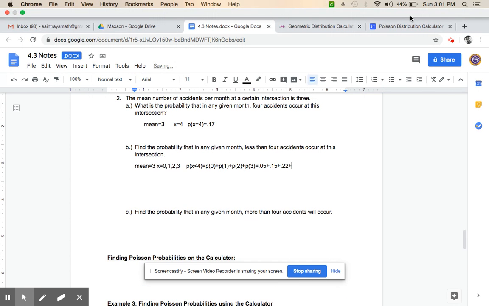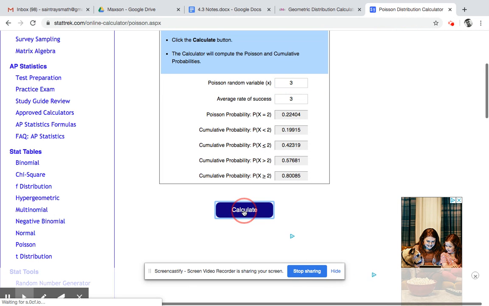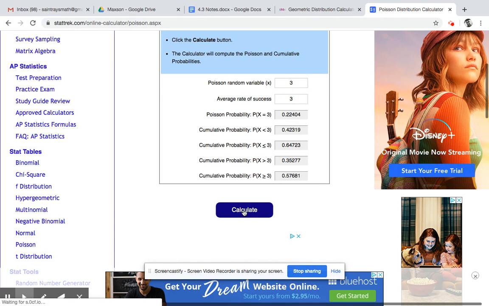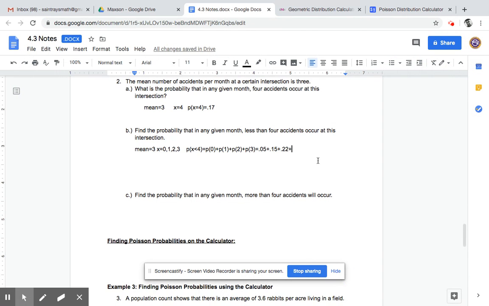And then last one for 3, we get 0.224 as well. So now when we add up all of our decimals together, 0.05, 0.15, 0.22, 0.22, we end up getting 0.64. And that would be our probability.